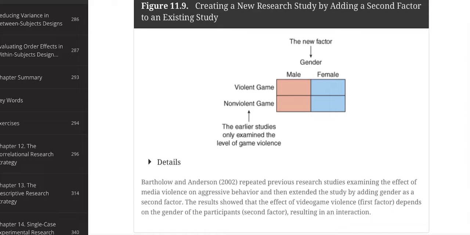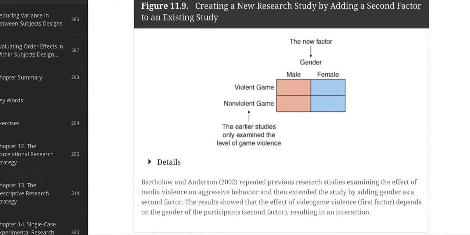But the researchers that did this particular study wanted to know if they could replicate that, which is the first factor, the violent versus non-violent game. But they wanted to particularly see if they could replicate that for both females and males. They wanted to know if there was a difference there or if it was the same or whatever.